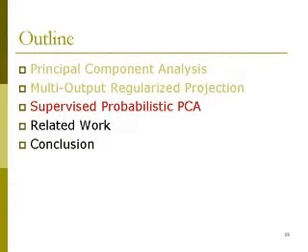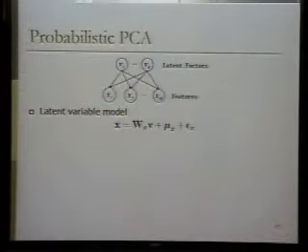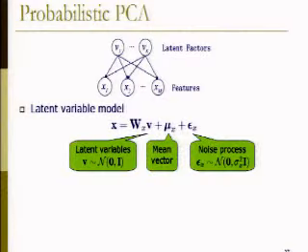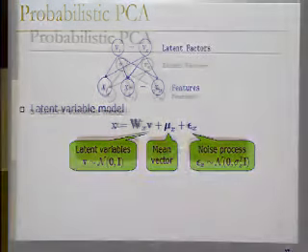So the solution is to go to probabilistic models, where we transfer everything into a probability framework. This is a latent variable model, the one underlying PCA. Here V is basically the latent variables for x, and mu x is the mean vector.